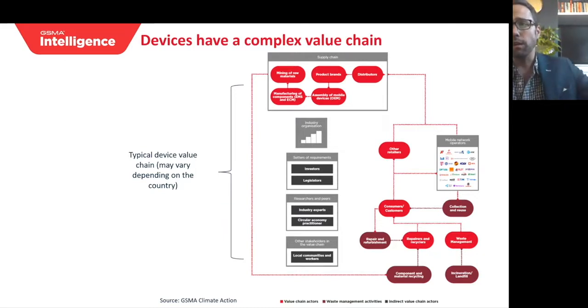And you go right from the metals extraction to manufacturing, distribution, and then of course the end consumer. That's understandable, but what is increasingly changing is a by design process to orchestrate devices to be circular so that we can increase the rates of recycling and refurbishment. That's a cost story, it's a revenue story, and it's an environmental one, and one that needs coordination across this value chain. We can go to the next slide.